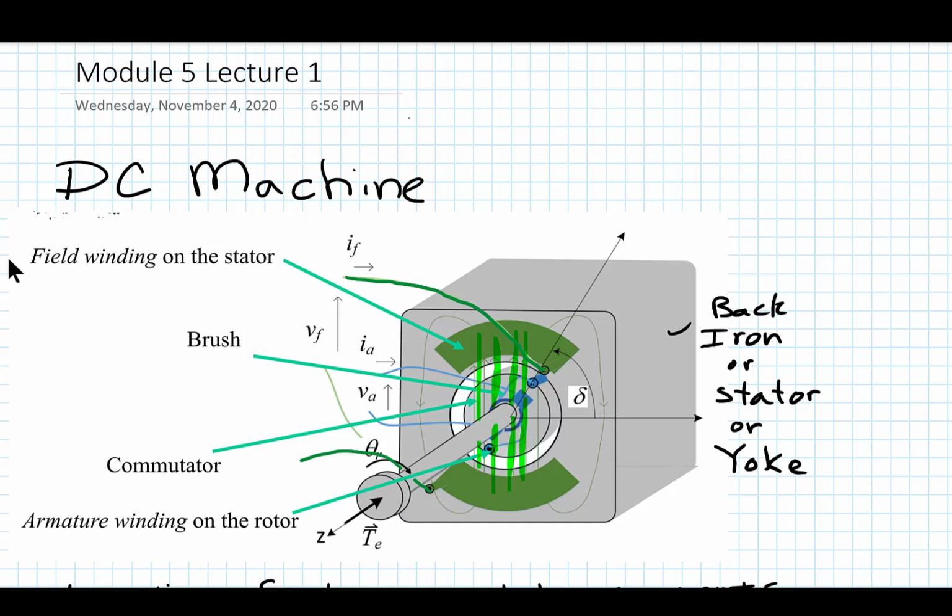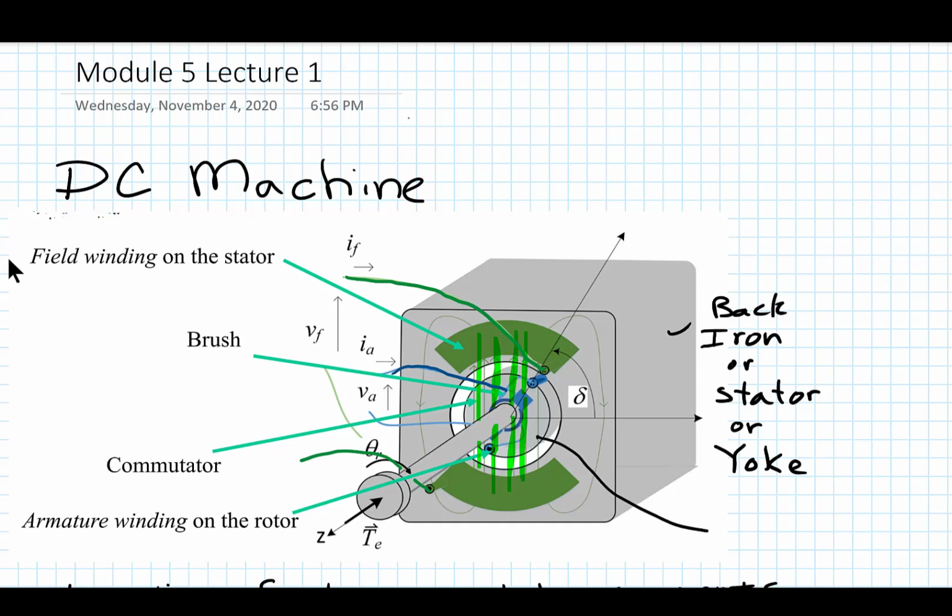The second thing that we showed that we needed was the current for torque production going through this blue winding here. So I've got the current, and imagine that this current is flowing into these wires here that are on the rotor.